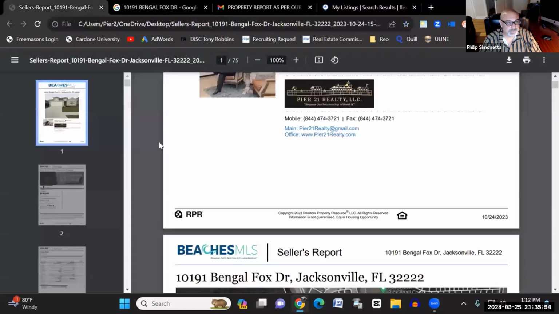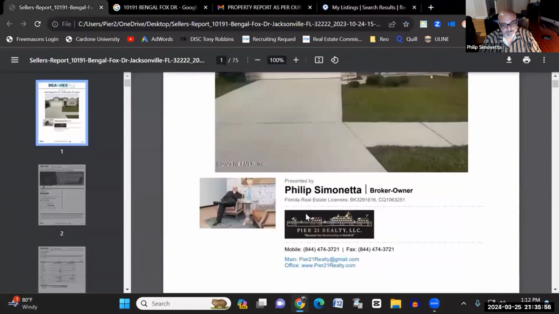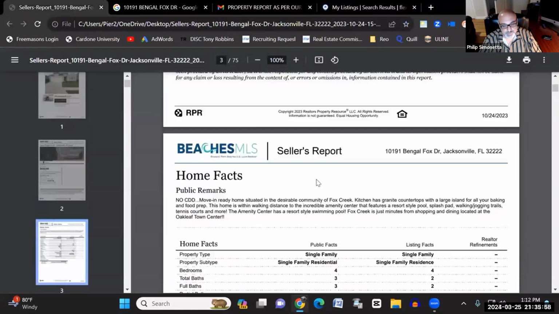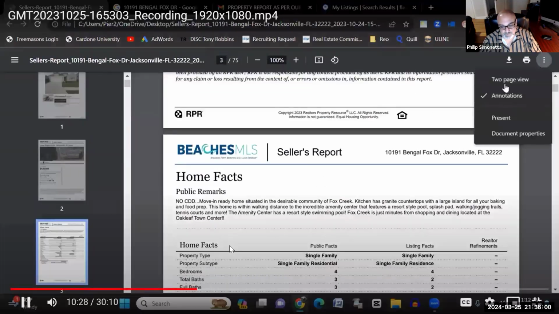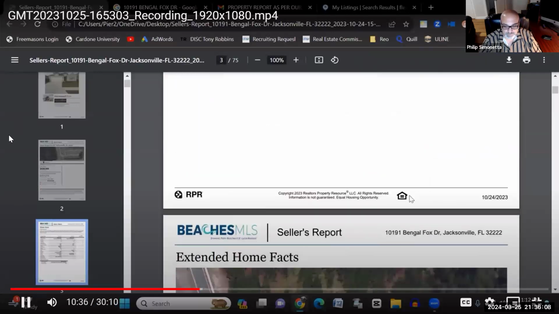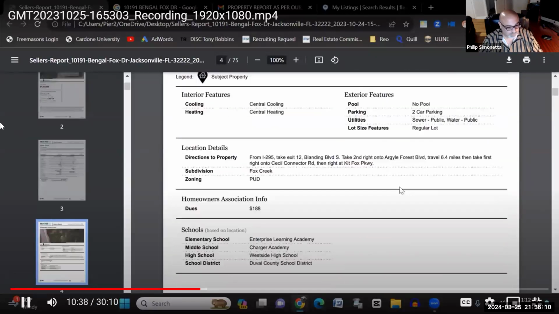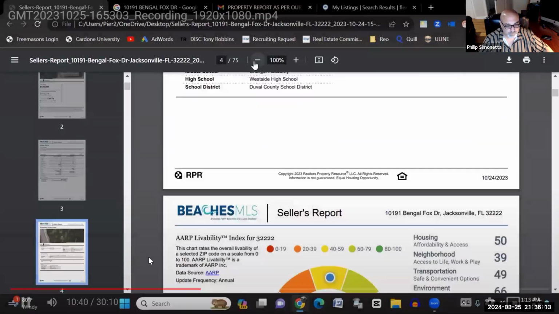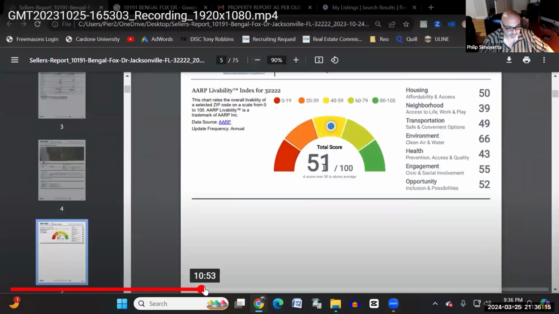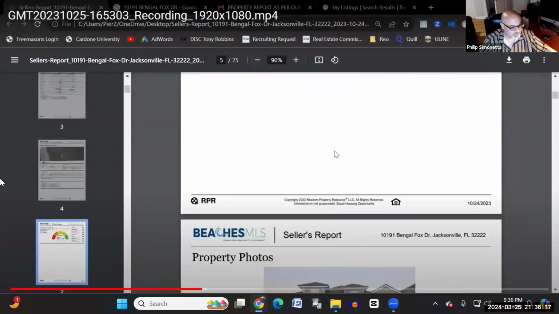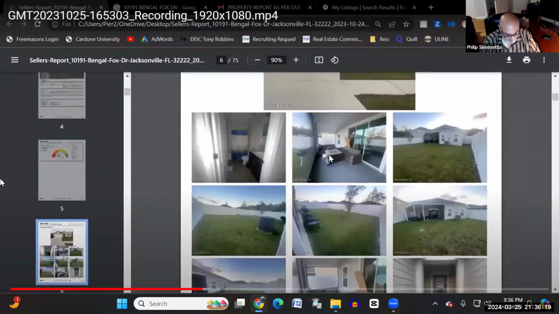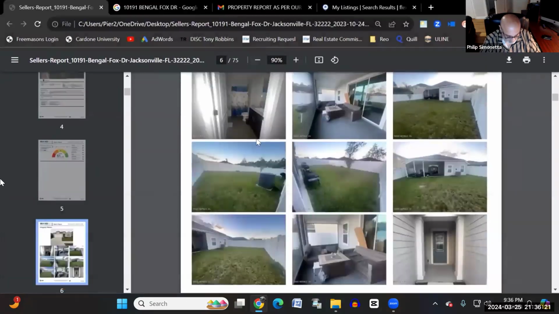Coming through here, what the report does, did you have a chance to look it over? Yeah, I did. Okay, good. The whole point of the report is to narrow down the property and then see what the market's doing around it. In the beginning of the report it shows you all the information for the property, the schools, the transportation, the walkability to neighborhoods. Here are the pictures they had up.